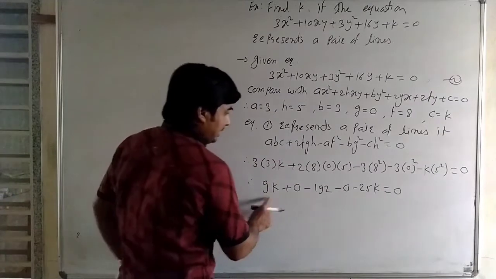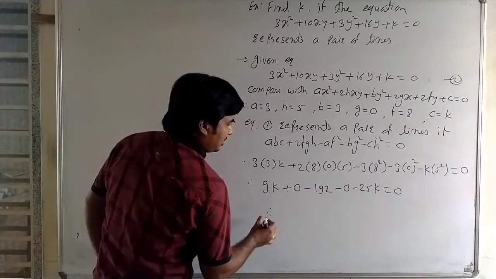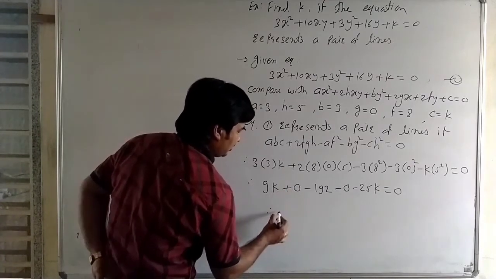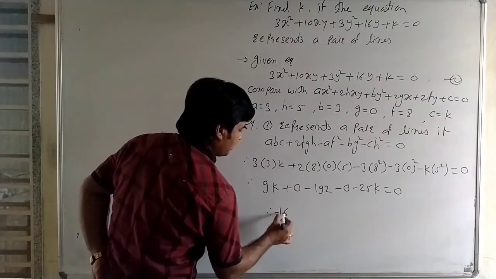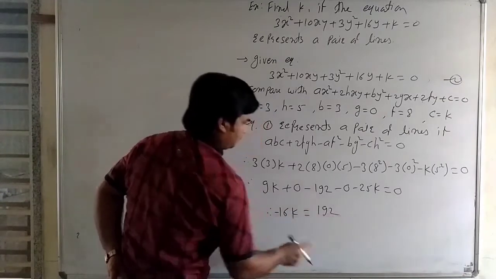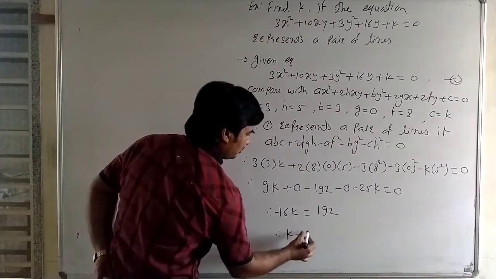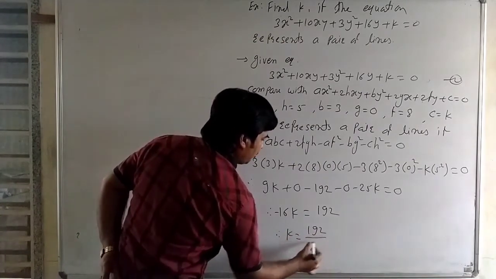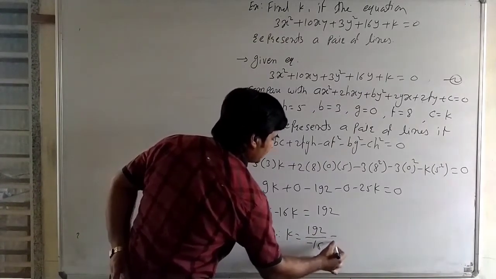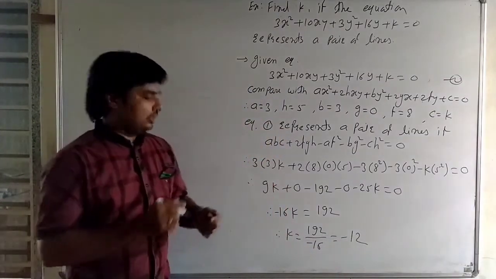Therefore, here 9k minus 25k, 9 minus 25 it is a 16 minus 16k is equal to 192 and therefore k is equal to 192 upon minus 16 and that is minus 12. K is equal to minus 12. It is the value of k.